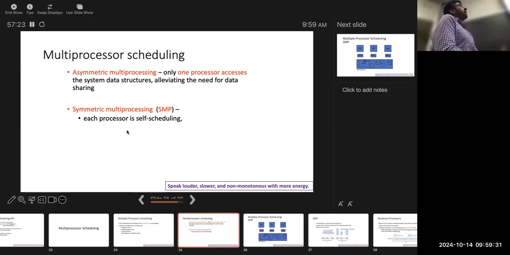So when you have multiple cores on a single chip, how do you do scheduling? The higher level question is: are all the cores on the single chip capable of running all the processes or not?